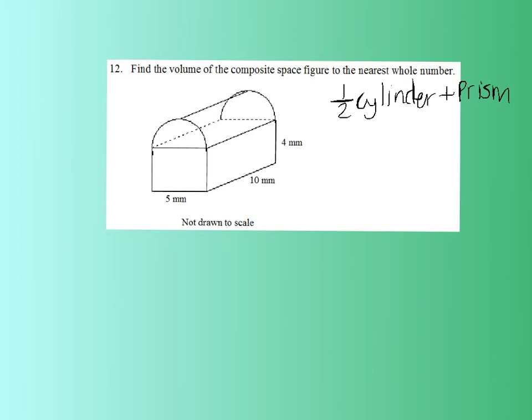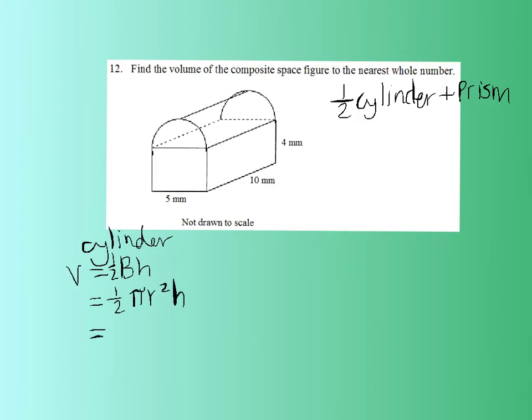So first we'll find the volume of the cylinder. We know volume is equal to base times height. Since we only want half of it though, we're going to say 1/2 base times height. So 1/2, base of a cylinder again is a circle, so area of the circle is pi r squared times the height.